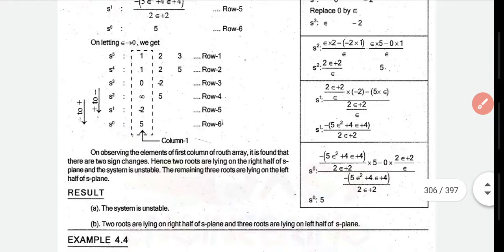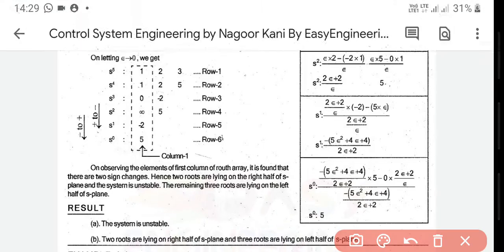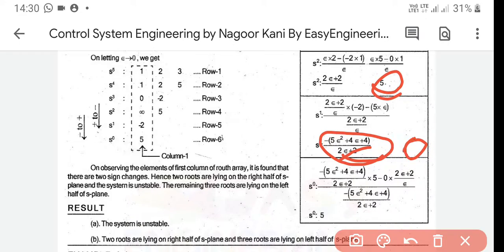Similarly, you have to calculate s power 0. So s power 0 values are based upon s power 1 and s square elements. So what are the values here? So s power 1 element is this one. So this value into 5, and here you don't have any value, so 0.